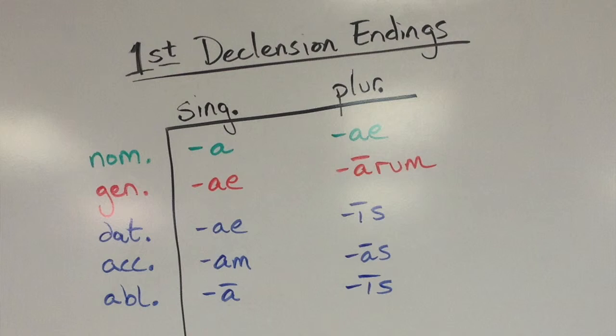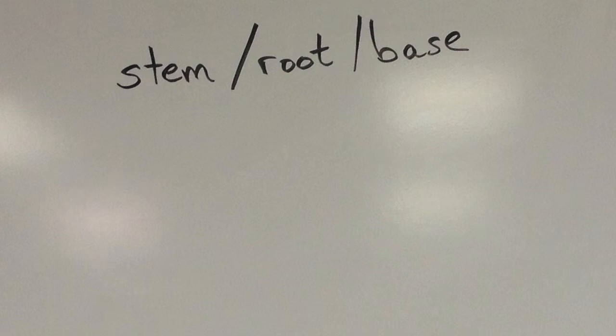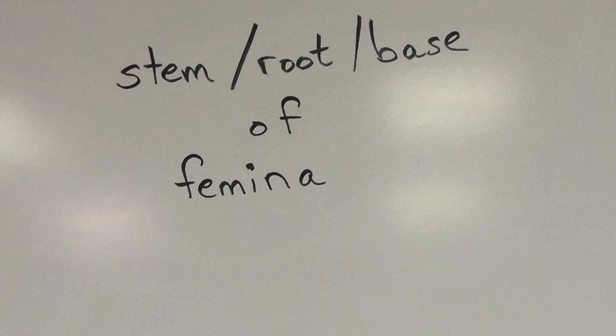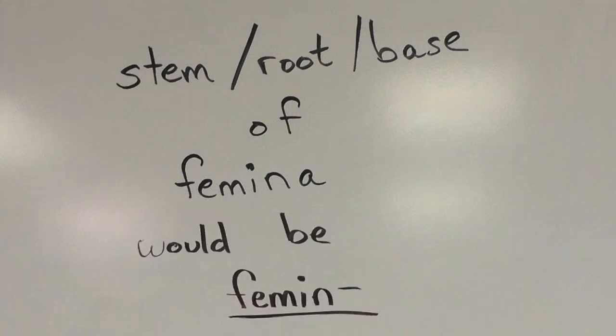We can practice applying these forms by declining a noun according to this chart. Let's start with the word femina. Now, every noun has a stem, which is also called a root or a base. To decline the word femina, we'll have to detach the letter A from the end of it to get femina's stem, simply femin.